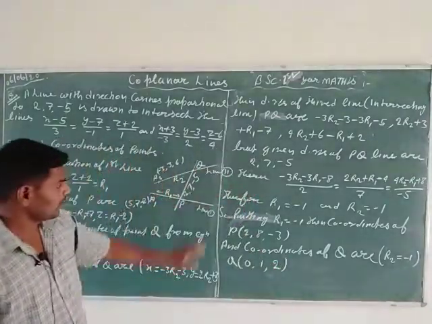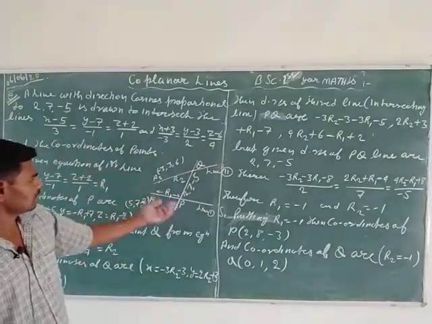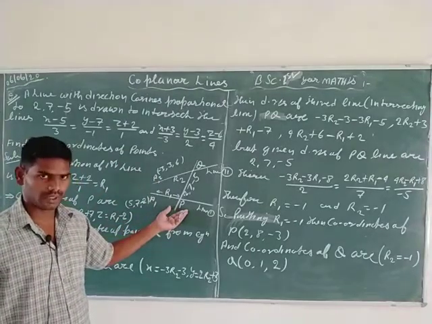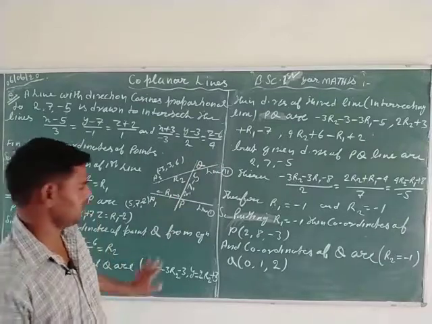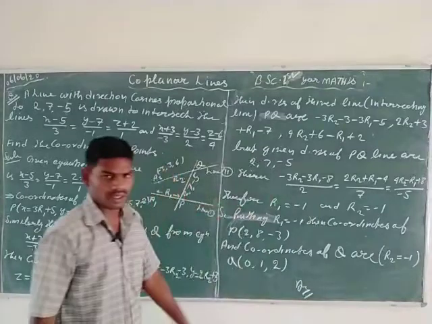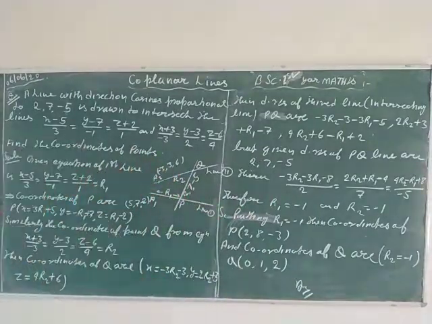So the question is complete, with the coordinates of the intersecting point capital P and of point capital Q clear. Please write this complete solution, and thanks for watching my video. Now take the next day.